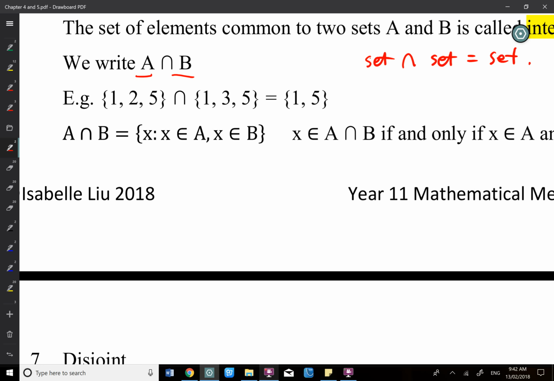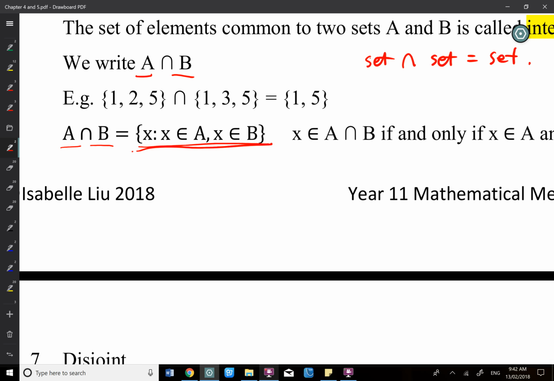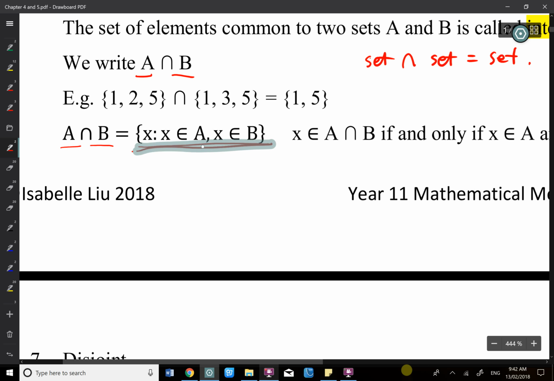It's very important to understand set notation. So A intersects B equals a set. Now I'm explaining this set. Curly bracket X means a collection of X. And the colon here means such that.